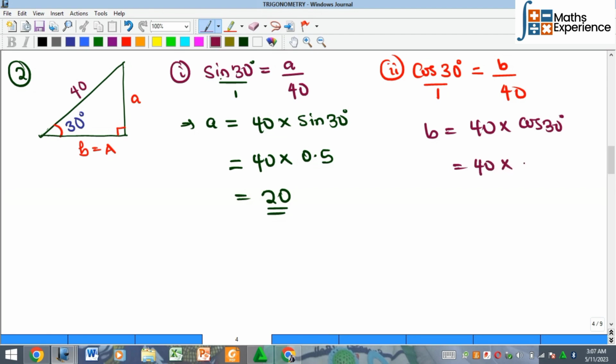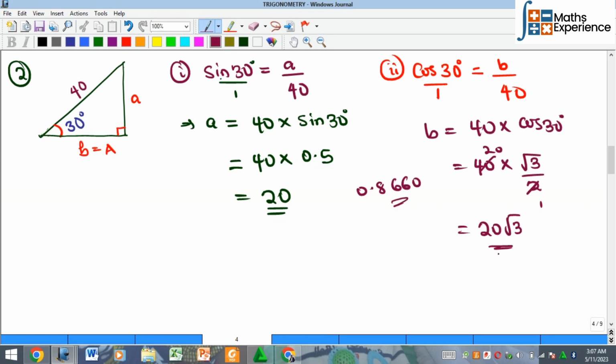Cos 30 in surd form is root 3 all over 2. And of course 2 will cancel this to give us 20. So that is going to give us 20 root 3 as our solution. But of course, if you use your calculator, the cos of 30 will be approximately 0.8660.